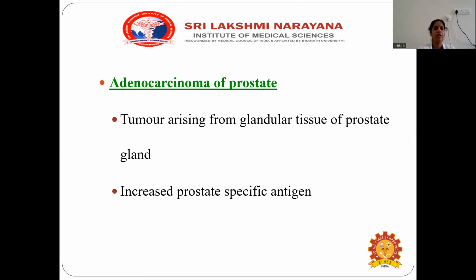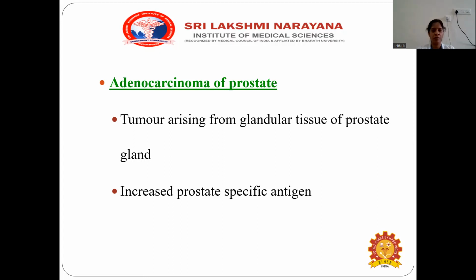Okay, the next clinical condition is adenocarcinoma of the prostate. You know the prostate gland has glandular tissue. When a carcinoma develops in glandular tissue, it is named adenocarcinoma. The prostate is a gland, no? So in the glandular tissue some tumors may arise, and that is named adenocarcinoma of the prostate.